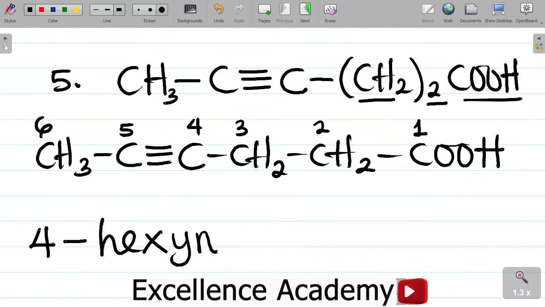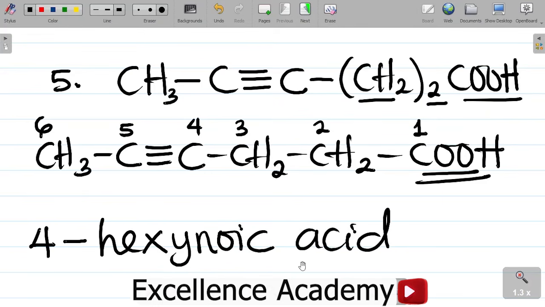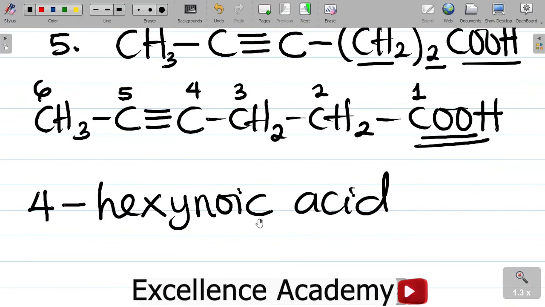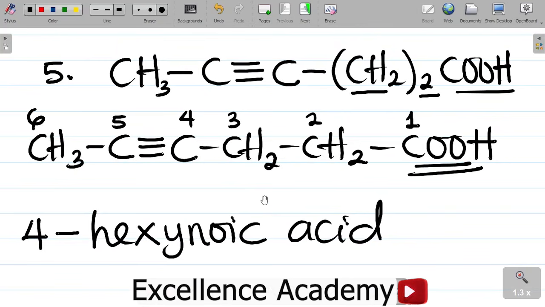So we call this hexyne. Then to show the COOH there, the alkanoic acid is called hexynoic. Then you add the acid. So this is called 4-hexynoic acid, right? 4-hexynoic acid. That's how you name this particular compound, all right?